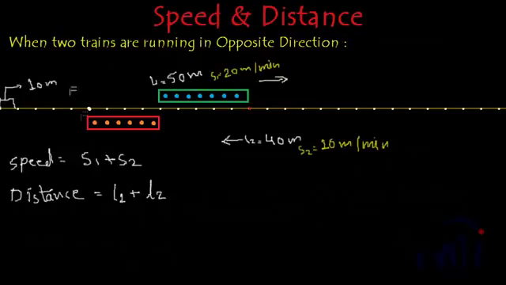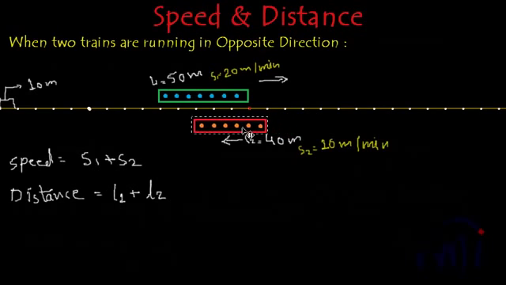Want to see it again? Yes, we will do it once more so that you clarify all your doubts and the question of why we add the lengths of the trains when two trains are trying to cross each other in opposite direction. So this was the original position, and then it is traveling towards the left. It comes till here. The front end has covered the distance equal to the length of the green train, and now also they haven't crossed each other completely, right?